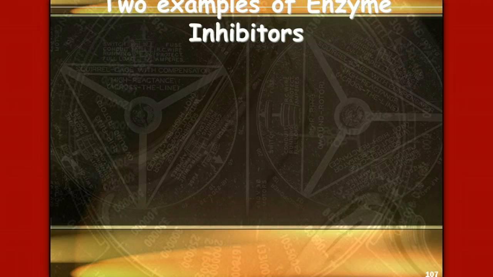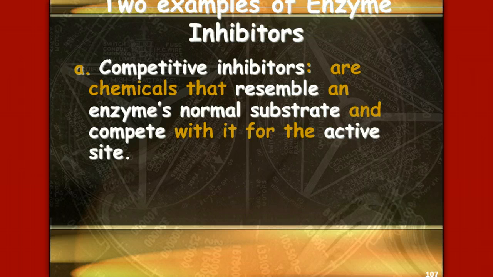So there are two different examples of what we call enzyme inhibitors. There are what's called competitive inhibitors. If you think about what an inhibitor actually is, an inhibitor is going to prevent something from happening, right? So a competitive inhibitor is a chemical that resembles the normal substrate and actually competes with it for the active site.